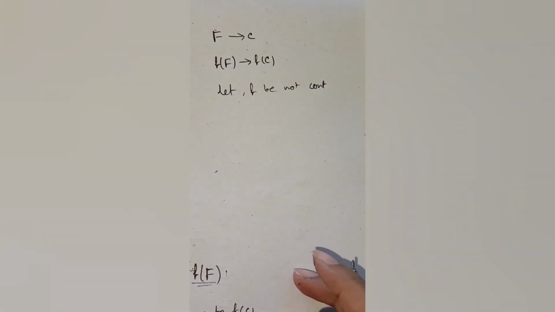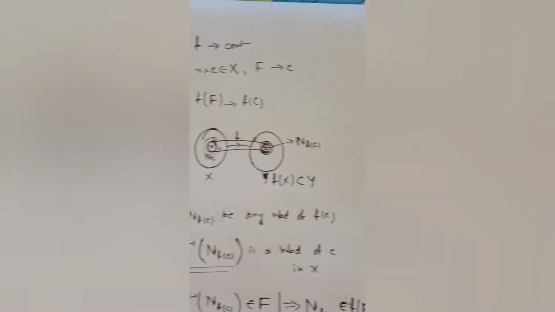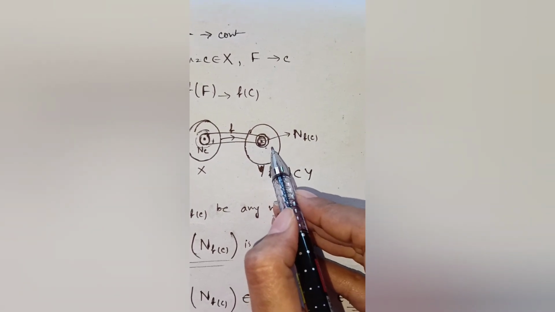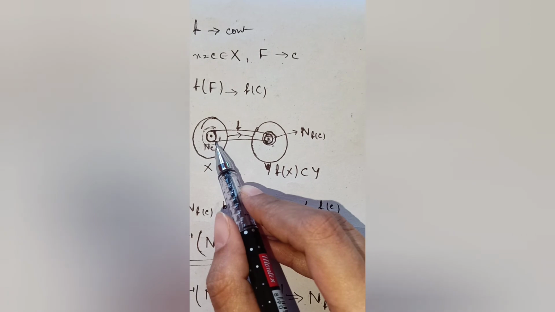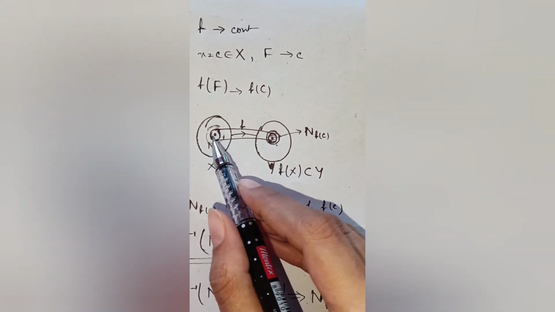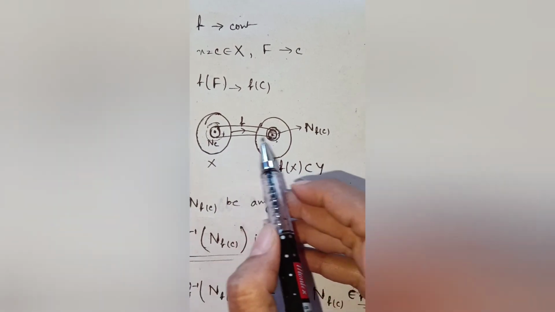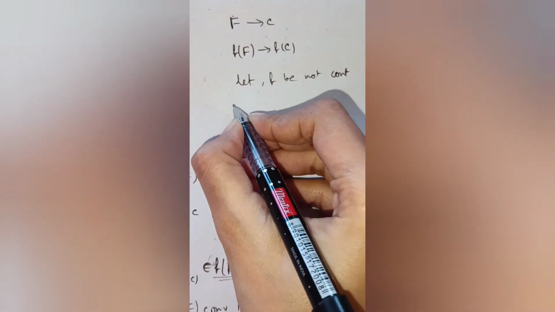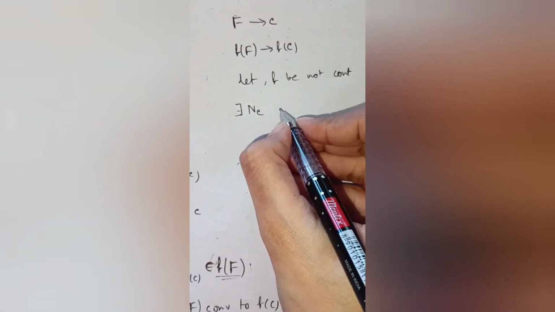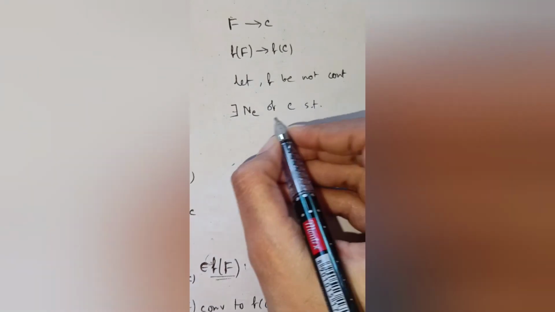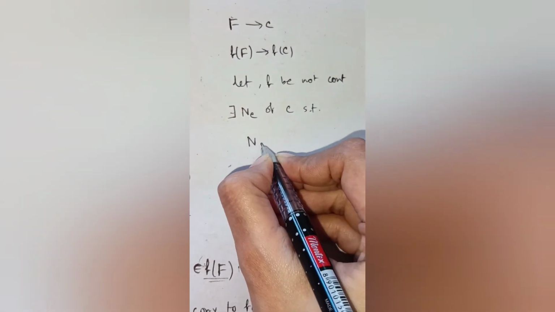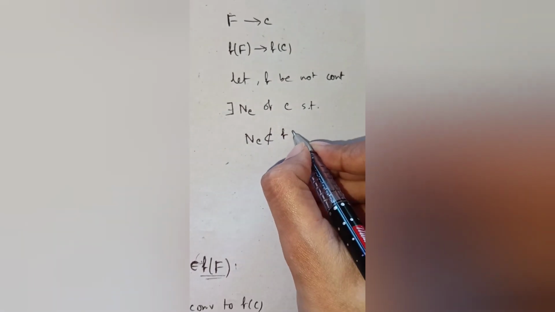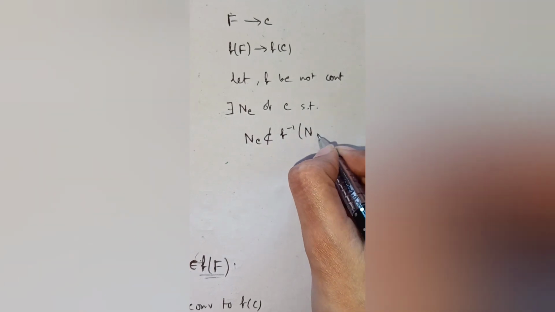If f is continuous, then for every neighborhood N of f(c), f inverse N of f(c) must be a neighborhood of c. Since we have assumed that f is not continuous, there must be some neighborhood N of c such that N is not contained in f inverse N of f(c).